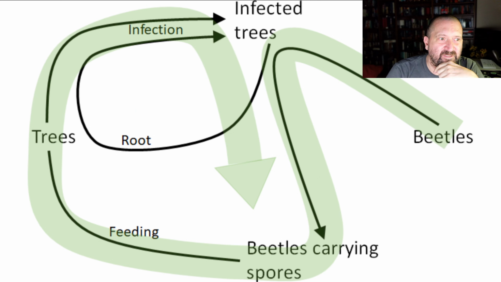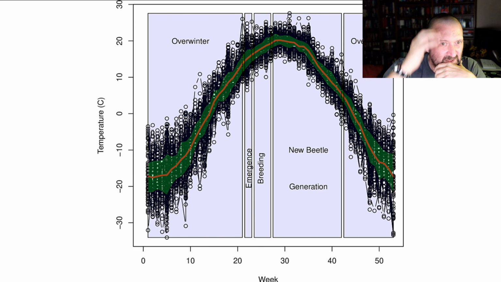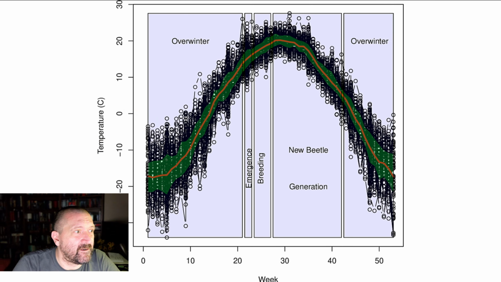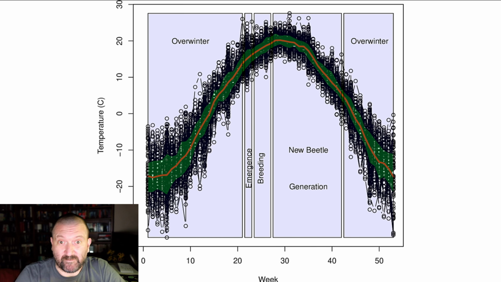Now, the disease dynamics is complicated, as I said. It involves trying to figure out what the dynamics of the beetles is and how this interacts with the trees. So I'm going to skip this quickly. I'll just point out it also is temperature dependent, and what you're seeing here is data that we pulled off Environment Canada.